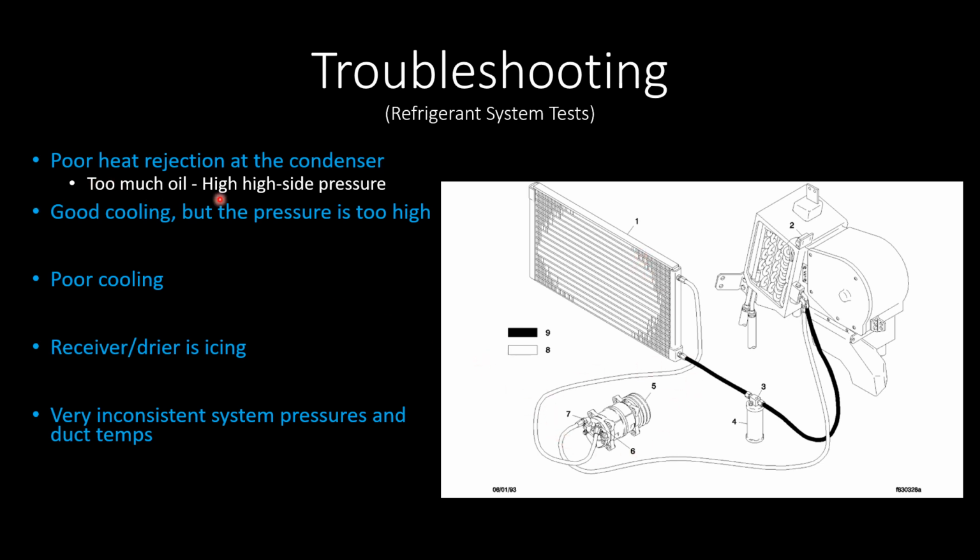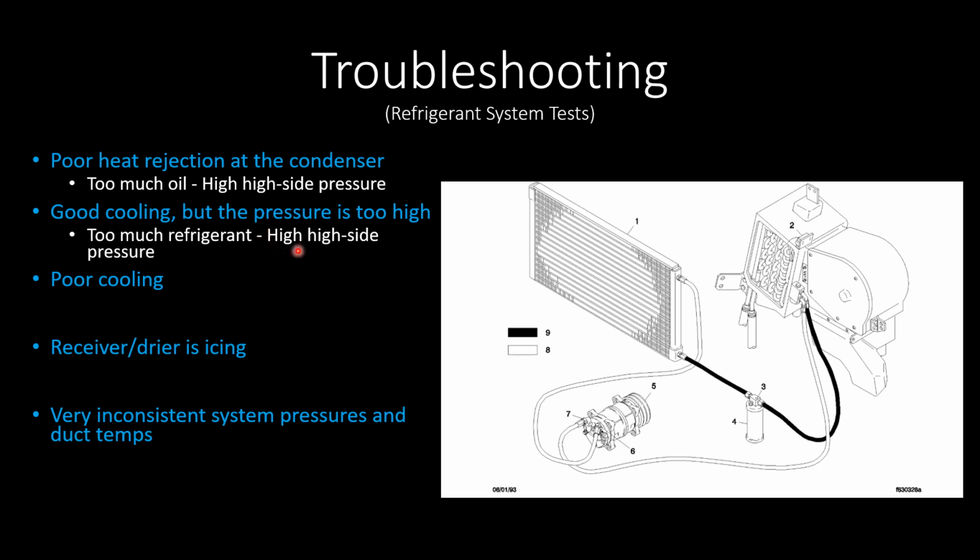What if you have good heating but your pressures are too high? That could mean there's too much refrigerant in the system. Everything seems like it's working well, but obviously it's not. Your high side pressure is going to be way too high, and that can cause damage further down the road. High pressure can also turn off the system.